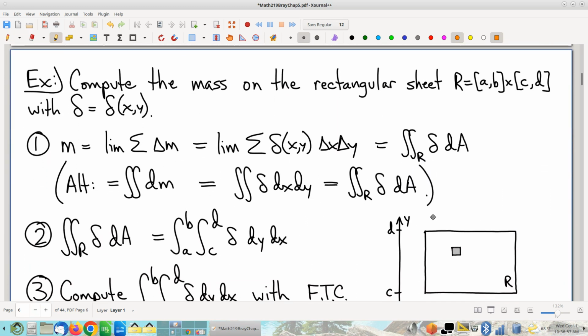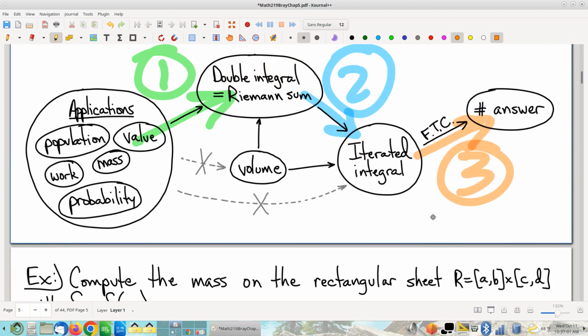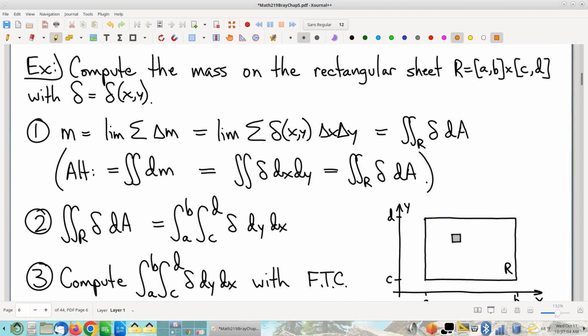So for example, here are those three steps. Let's see, what were my colors? Green, blue, orange. Step 1 in this application question: I want to compute the amount of mass distributed over a rectangular area where density varies, right? Density is a function of position.